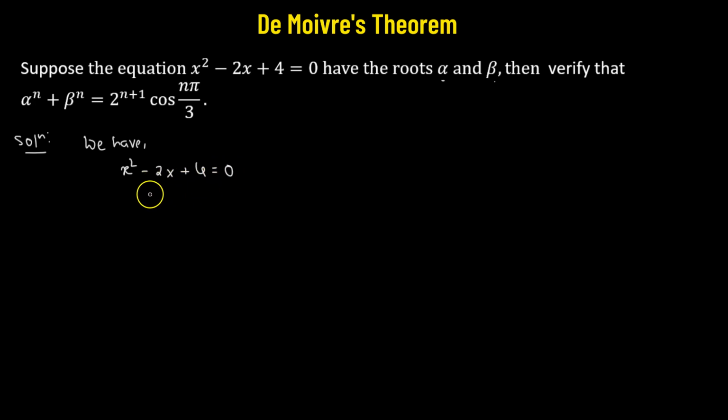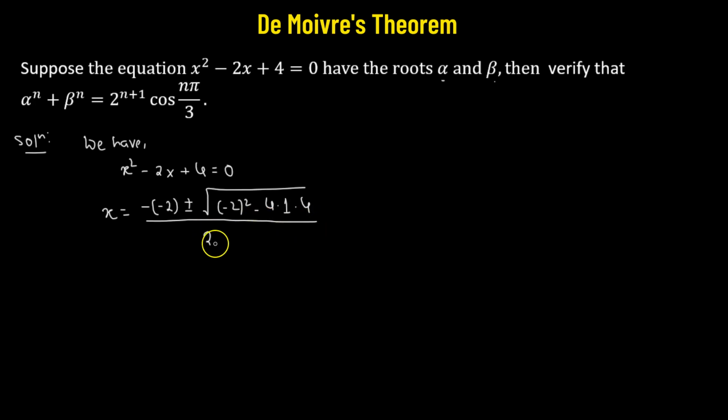We'll need to find the two roots of this given equation. Here we can use the standard quadratic formula. So x will be equal to negative b, where b here is negative 2, plus or minus the square root of b squared, which is negative 2 squared, minus 4 times a, the coefficient of x squared, multiplied by c, the constant, all divided by 2 times the coefficient of x squared, that's 1.